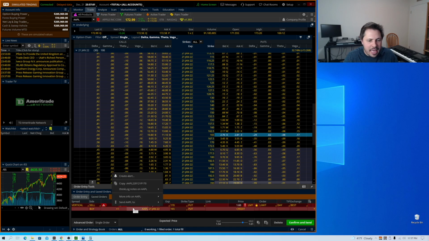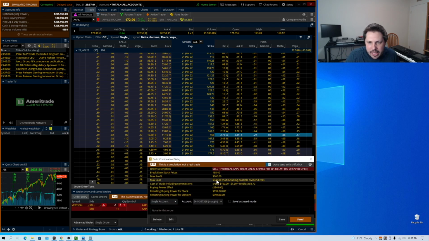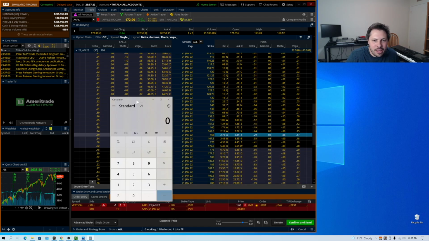And when we look at a one lot, again, this is a 5-point spread, so we're risking $340, or $3.40, to make $1.60 or 160, right? So again, let's kind of look at this math, right?